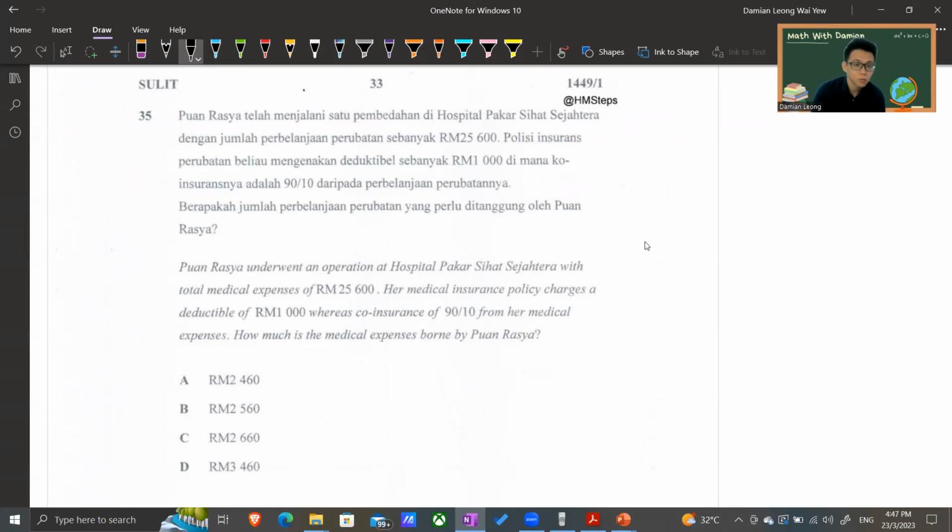Okay. So first, we take out the deductible. I minus 1,000 first, 24,600. Then only I split this with the percentage. So for One Russia, I need 10% to be borne.